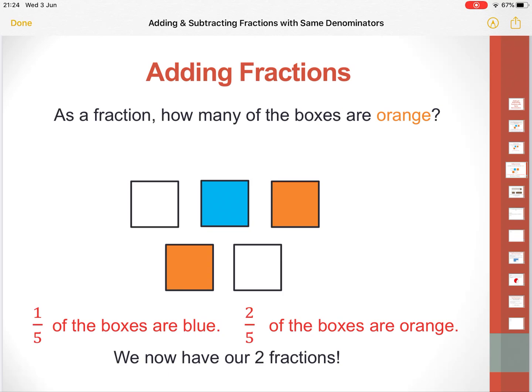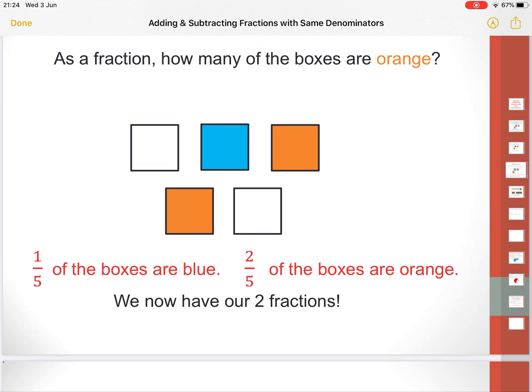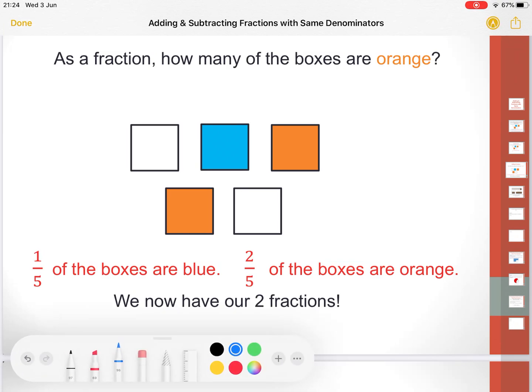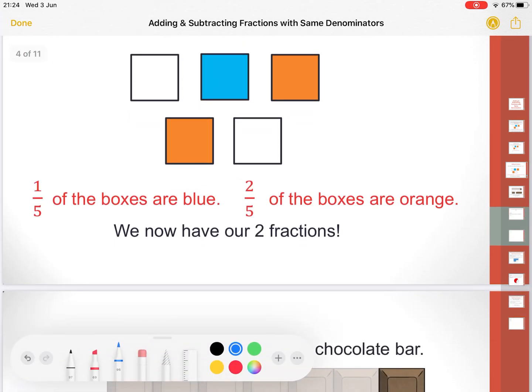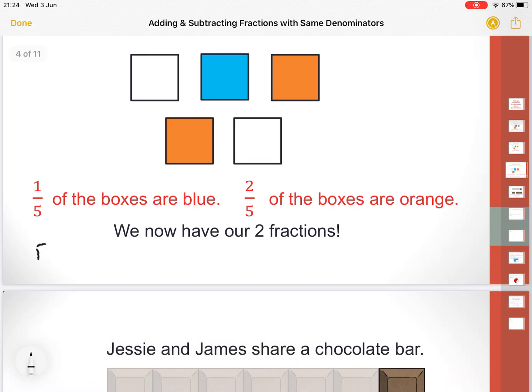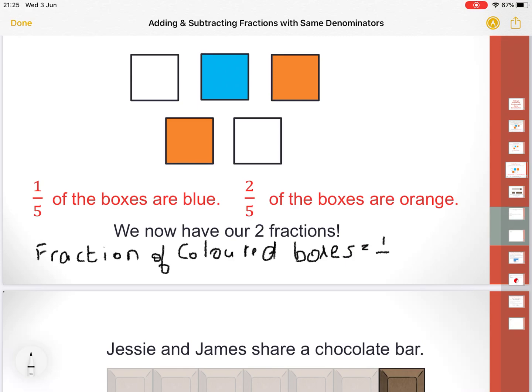To find the fraction of colored boxes, it is 1/5, all right, plus 2/5, all right? 1/5 which is blue, 2/5 which are orange.